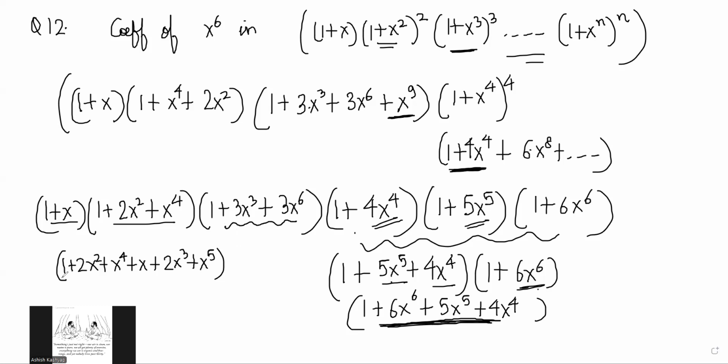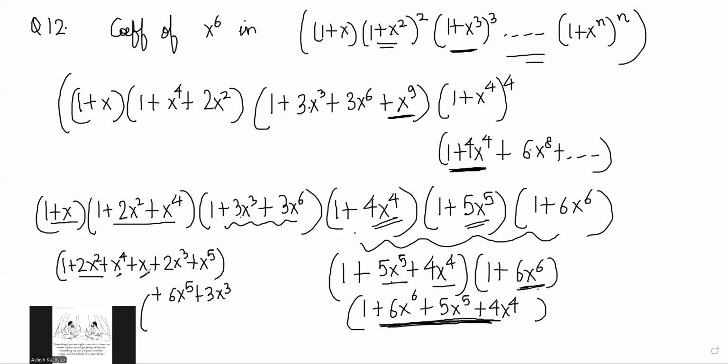So 1 multiplies with all of them with no issues. So we get this term as it is. 3x cube will only multiply with this. So you'll get a plus 6x power 5 and a plus 3x cube, and x power 4 cannot be done.